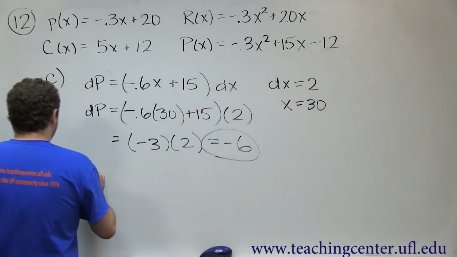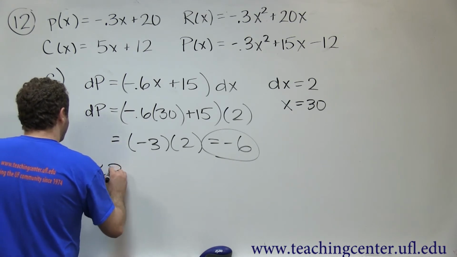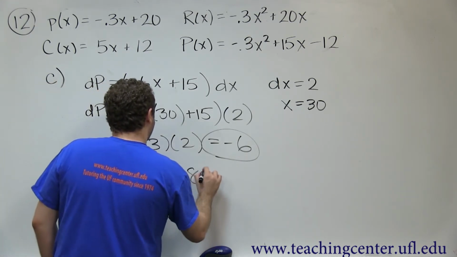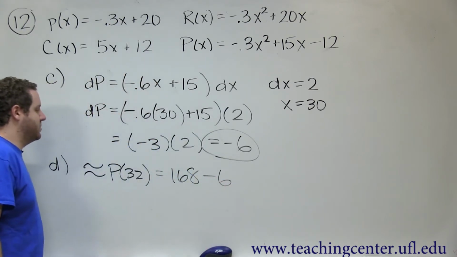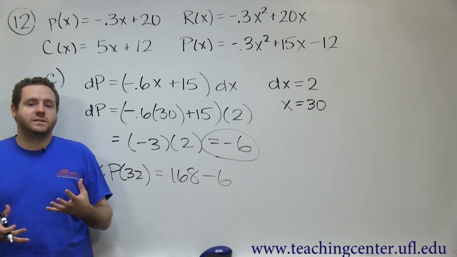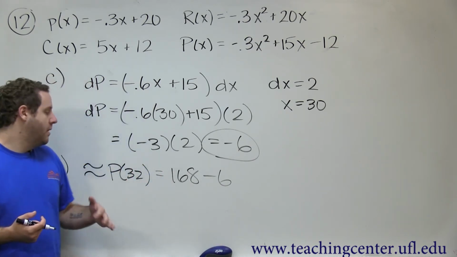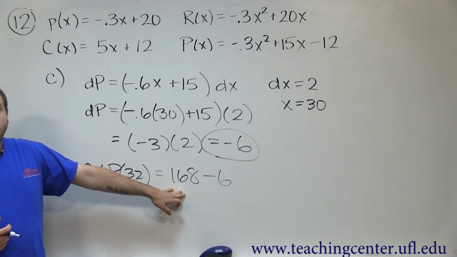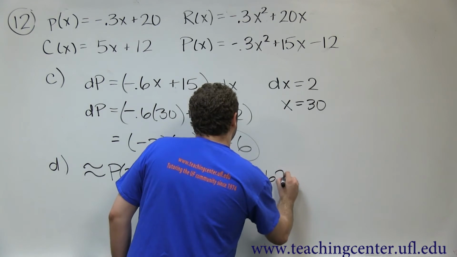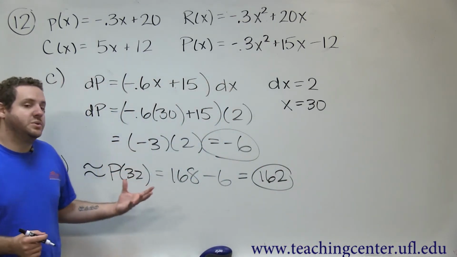So we're going to say approximately P of 32 is 168 minus 6. Because this approximation tells us that we will lose about $6 profit by making 32 instead of making 30. Well, we made 168 when we were making 30. So this is saying that we will make approximately $162 of profit if we made 32 units instead.